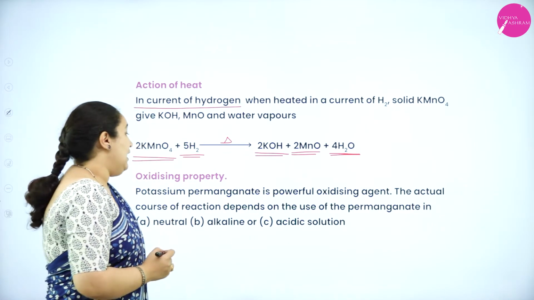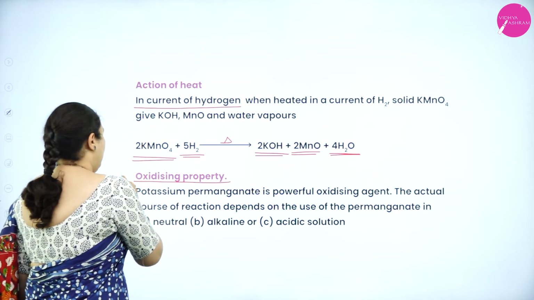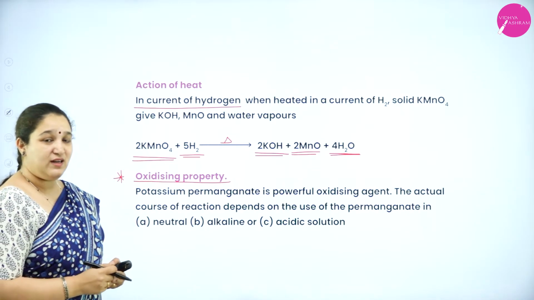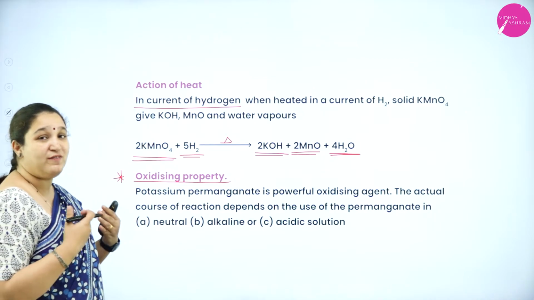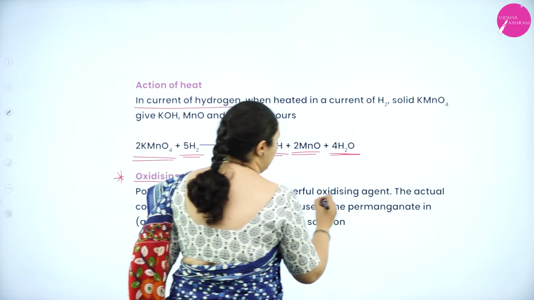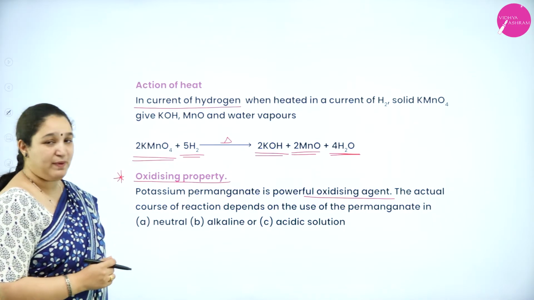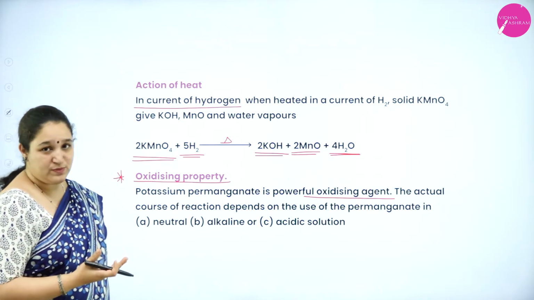Okay. Next is oxidizing property, a very important property. Potassium permanganate is a very powerful, a very strong oxidizing agent. The actual course of the reaction depends on how you use permanganate.